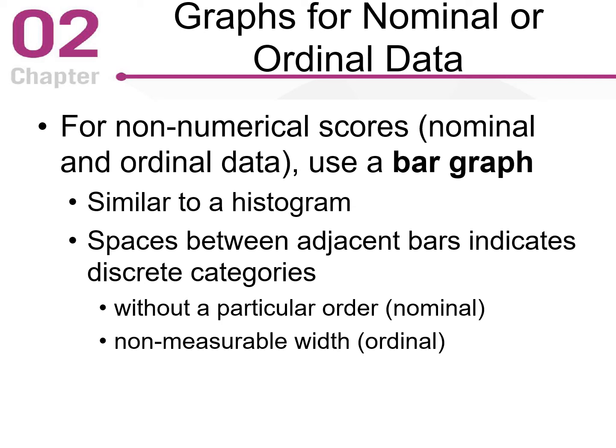You don't have in-between values there. Then you're going to draw a bar for each one of those groups. You're not going to connect them because there are no intermediate values. You're only going to use a histogram for interval or ratio data. You're going to use a bar graph for nominal and for some ordinal data, although you don't really graph ordinal data that much; you're mainly using a bar graph for nominal data.